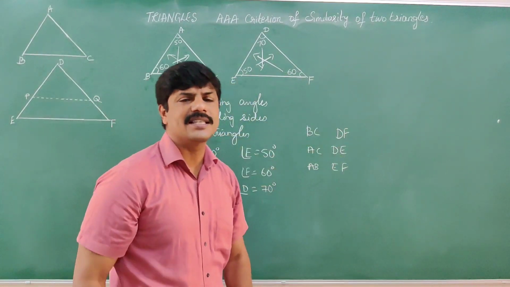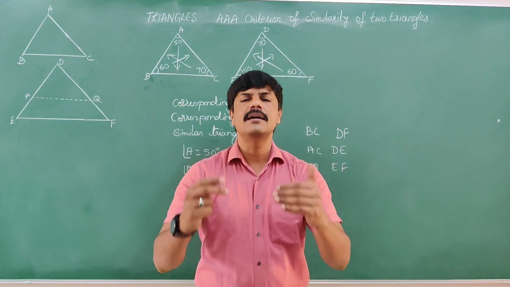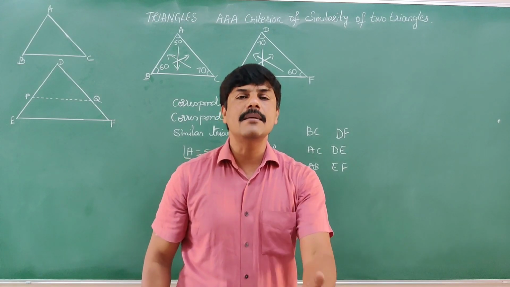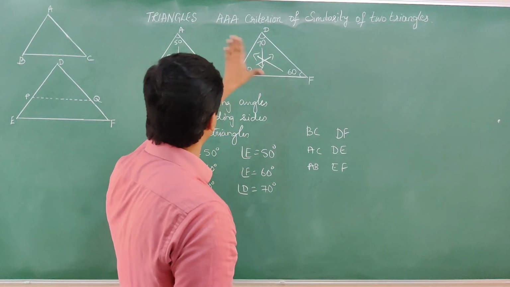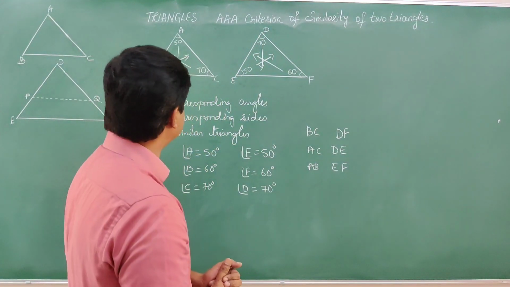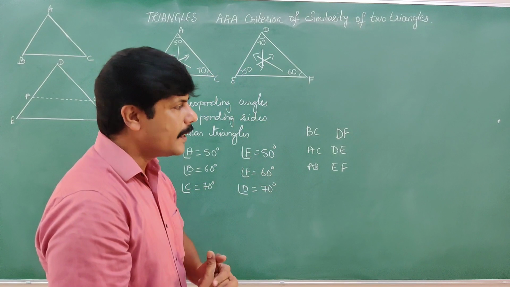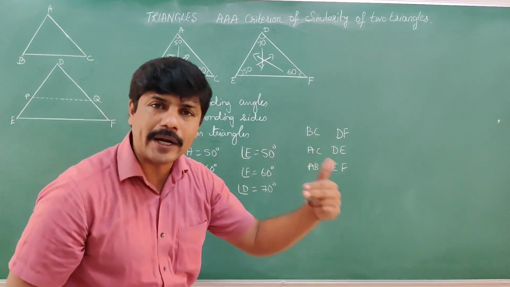Two triangles are similar. Similar means what? Having same shape. That's all. In general meaning, similar means having same shape. But in geometric meaning, if you consider two triangles, two triangles are said to be similar if their corresponding angles are equal.